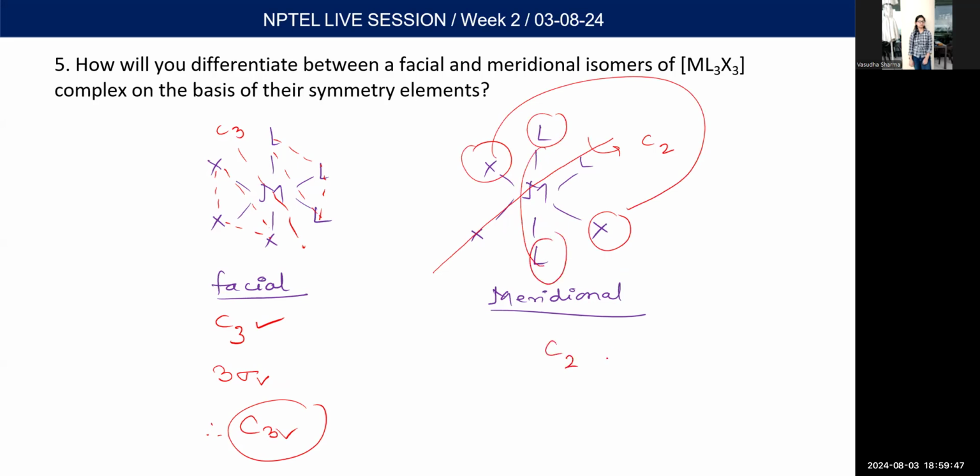So C2 is there. Corresponding to that, we have 2 sigma V's as well and E also. So therefore, this belongs to C2V. So the facial isomer gives you the C3V point group, whereas meridional gives you C2V. Therefore, we can easily identify based on the number of symmetry elements present over here.